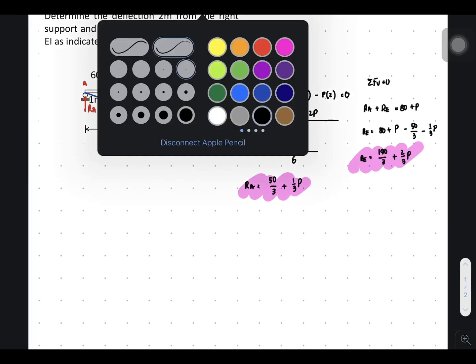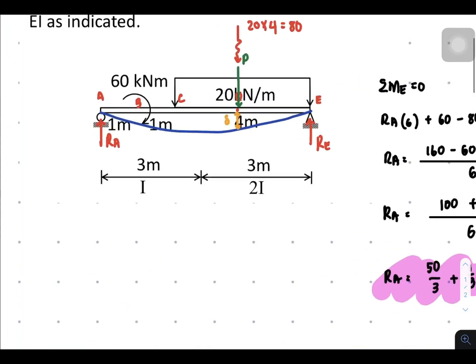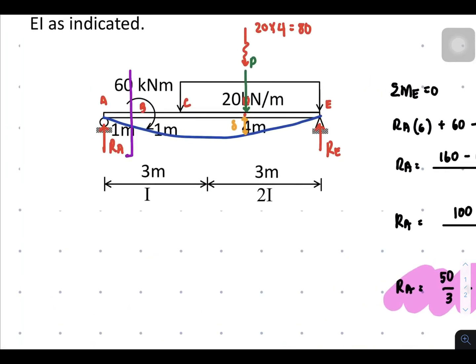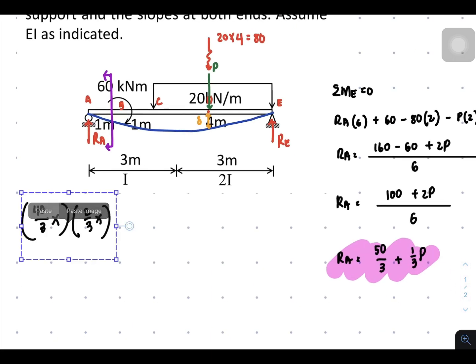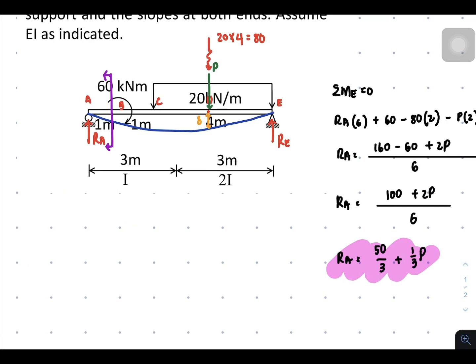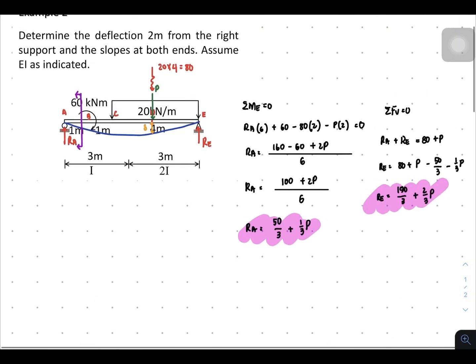Let us now introduce a segment. We will be cutting this portion. Let us draw the segment. This is segment AB.